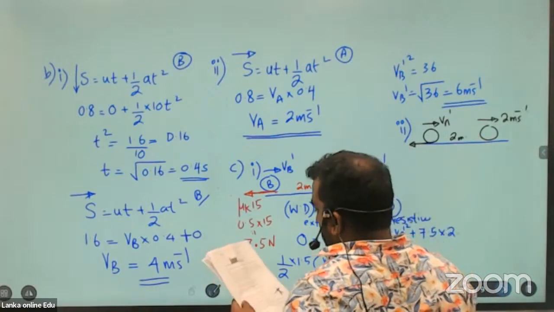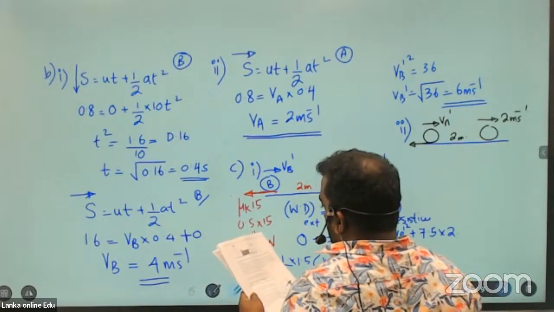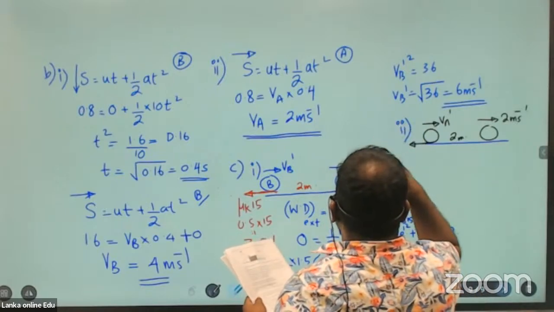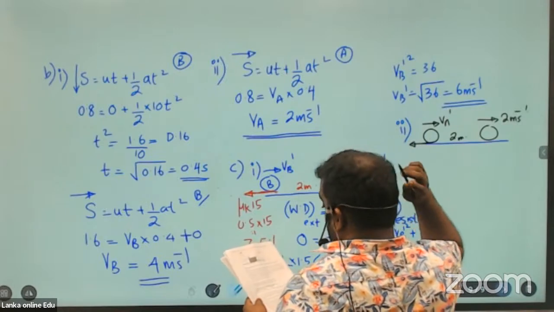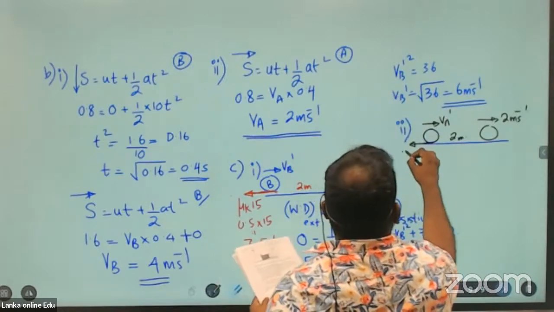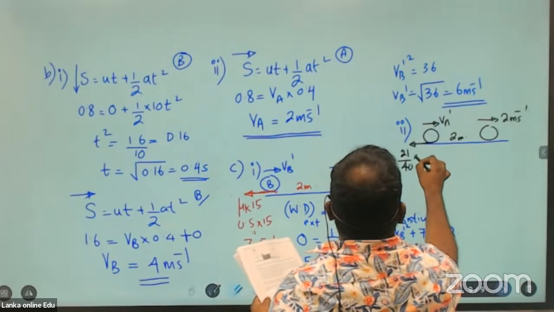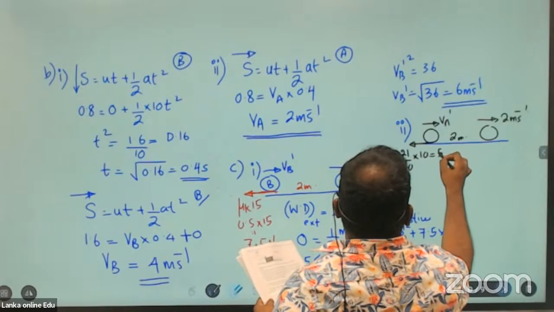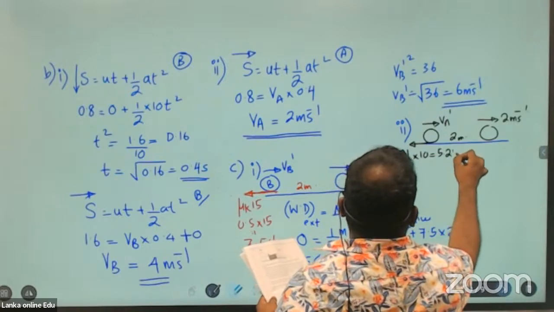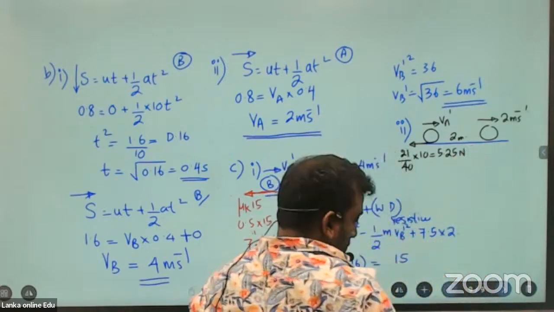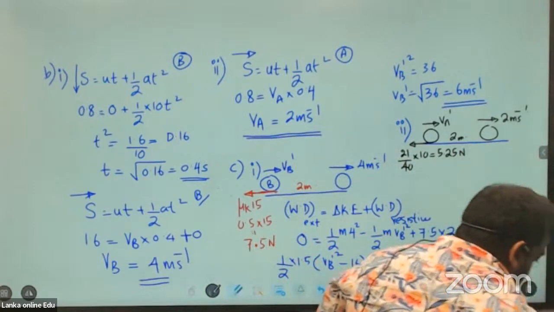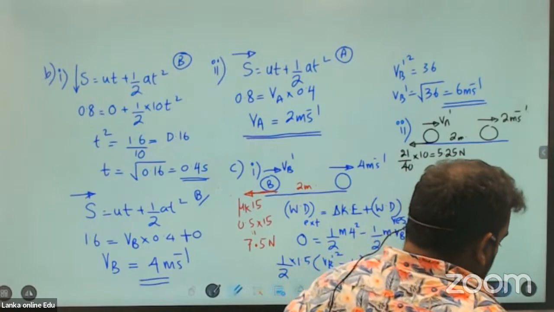Friction force is 21 over 40 multiplied by the normal reaction 10. How much? 5.25 newtons.